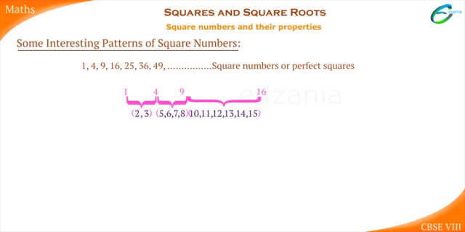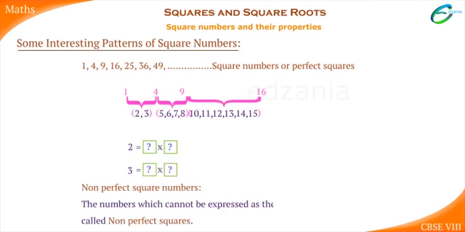Let us take the first number between 1 and 4, which is 2. Can we write 2 as the product of two equal integers? Is it possible? No. Similarly, can we write 3 as the product of two equal integers? No. So what do we call such numbers which we cannot write as the product of two equal integers?